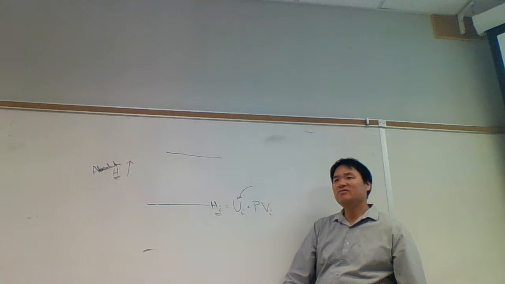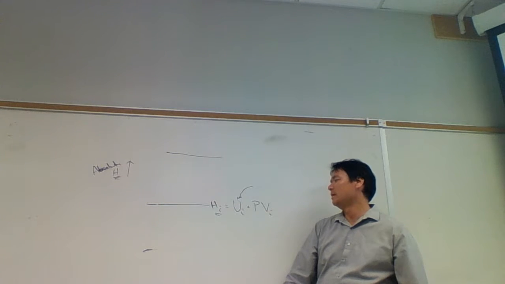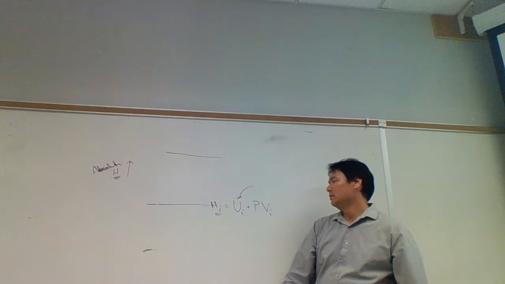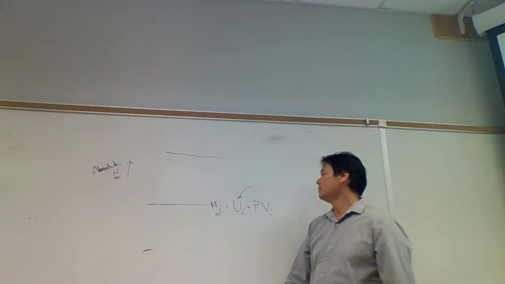In fact, you can't really measure it without destroying everything and doing one gigantic calorimetry experiment in which we break this down to the very smallest parts. And so this is the problem.